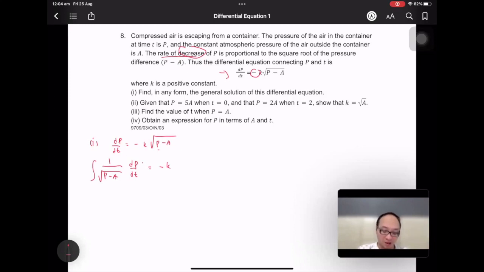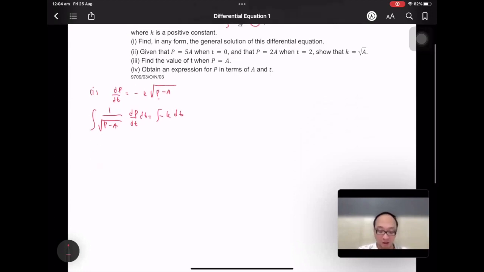I integrate both sides with respect to t. On the right side, I will have negative kt plus c, and on the left side, I will have (P minus A) to the power of half, and then this is 2.